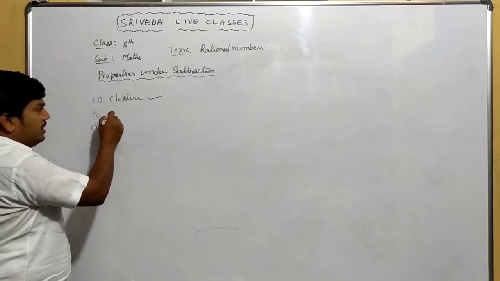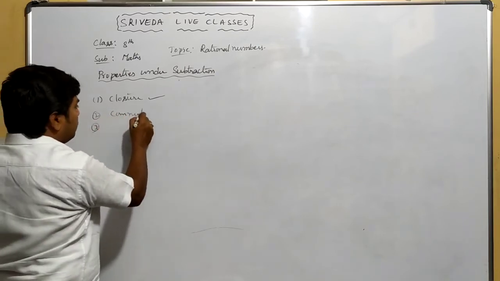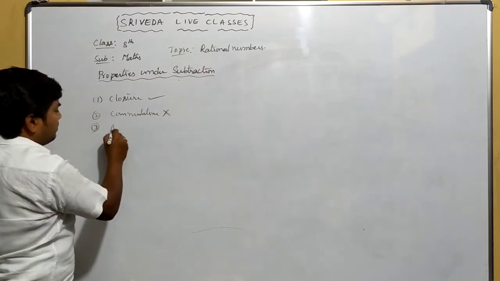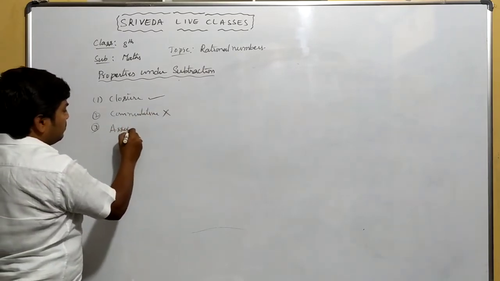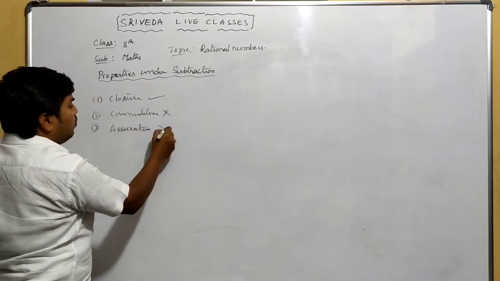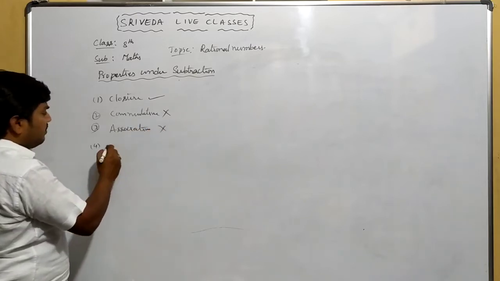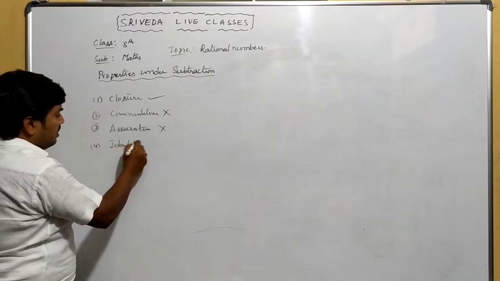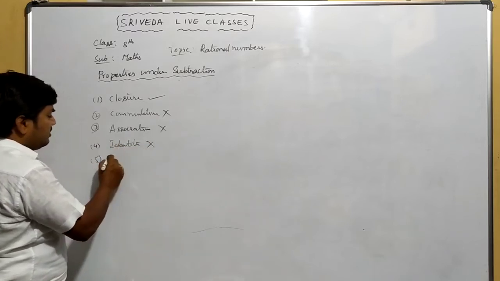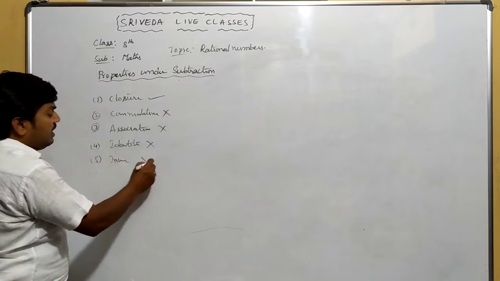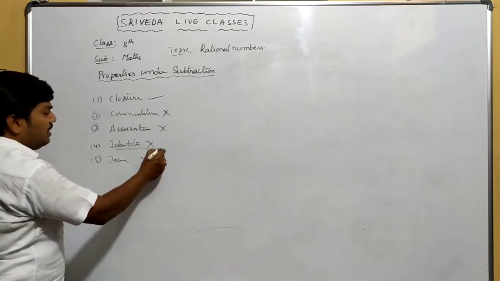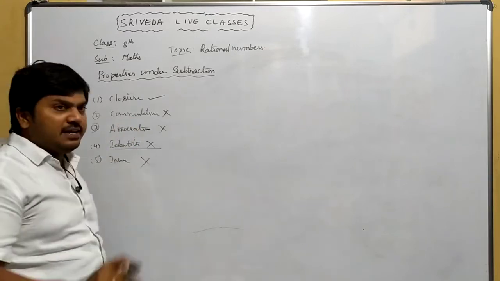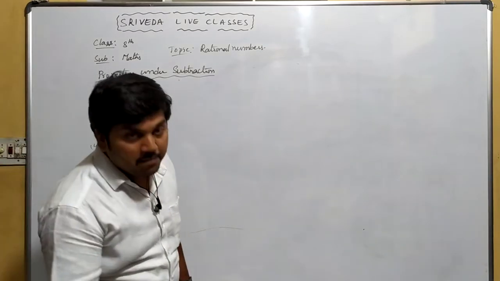It has no identity. And fifth, it does not satisfy the inverse property. In this case, only one condition is satisfied. So under subtraction, only the closure property is satisfied.